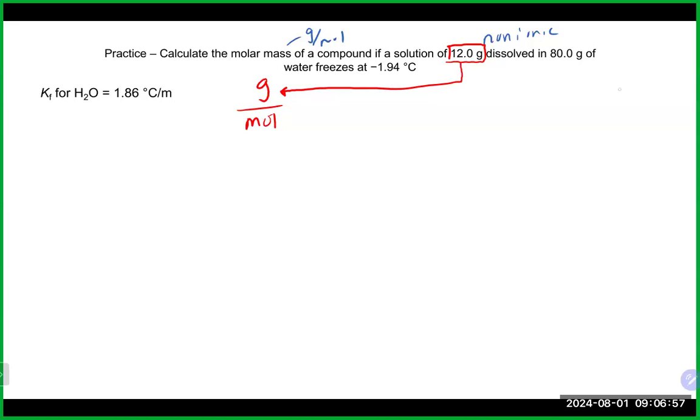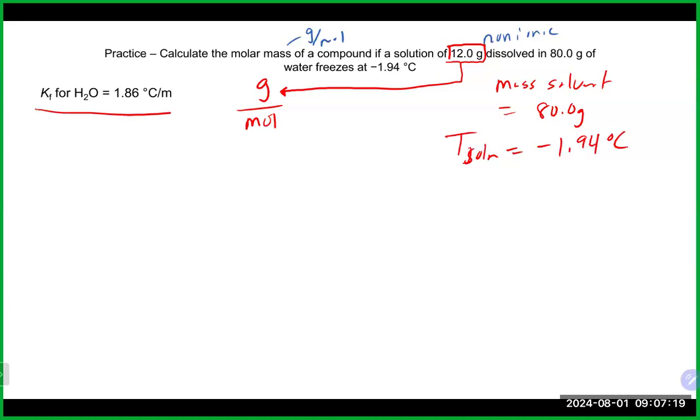We know that that's the solute because 80 grams obviously is more, and that water means that the mass of our solvent is 80 grams. It freezes, so the temperature at which the solution freezes is minus 1.94 degrees Celsius. And obviously, we know that the solvent is water.